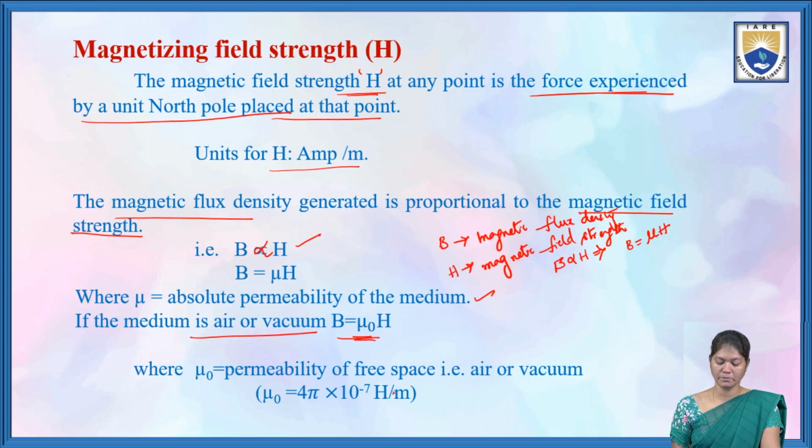The permeability of free space mu naught, in air or vacuum, is equal to 4 pi into 10 power minus 7 Henry per meter.